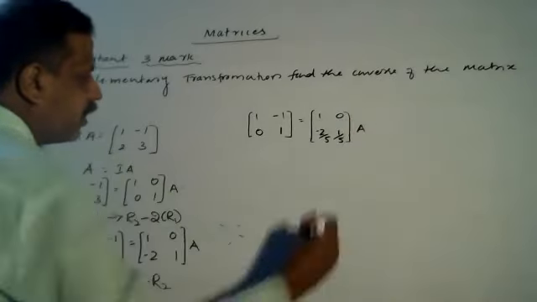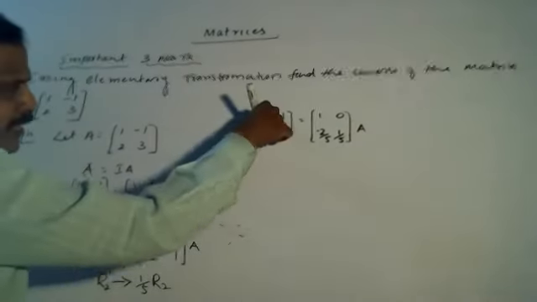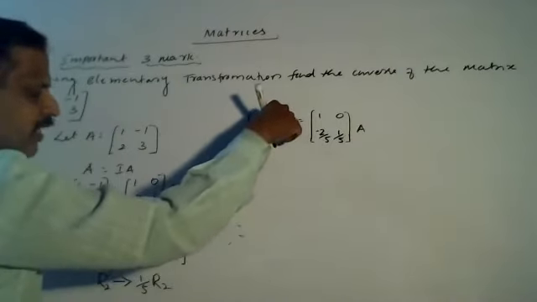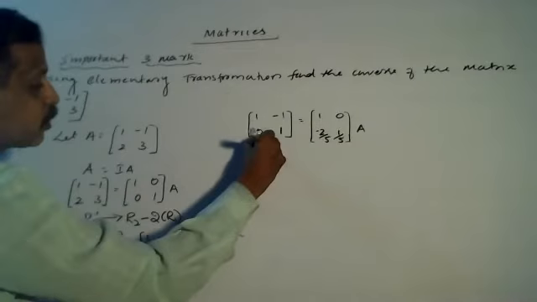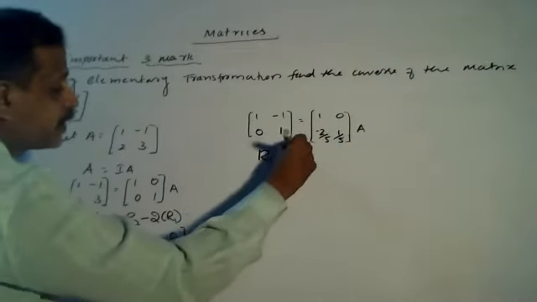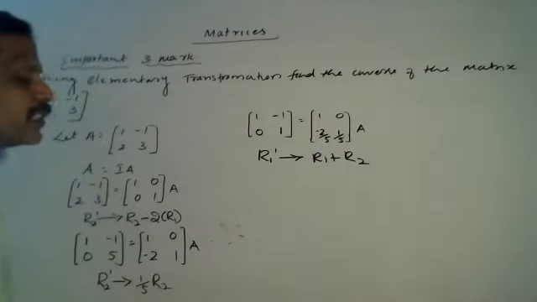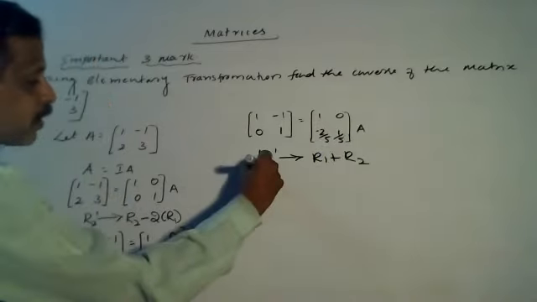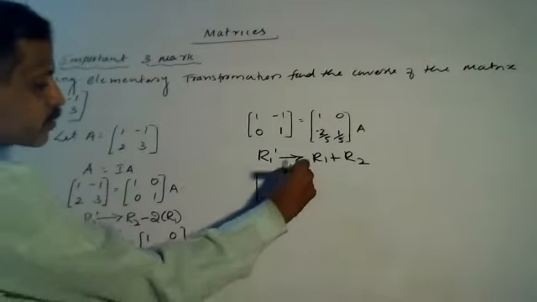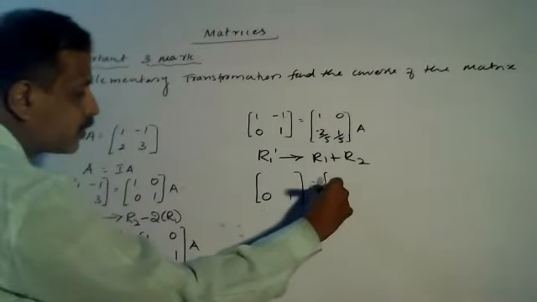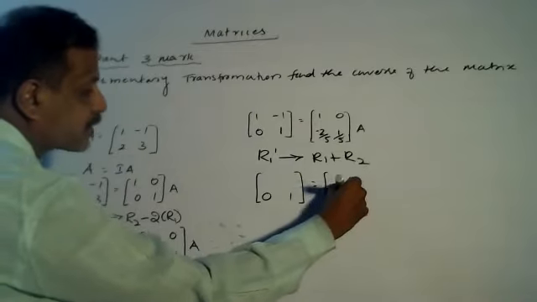This is A. Now I want to make this 0, then only it will become the identity matrix. So again, R1 changes to R1 plus R2. There is no change in R2, so we'll keep it as it is.